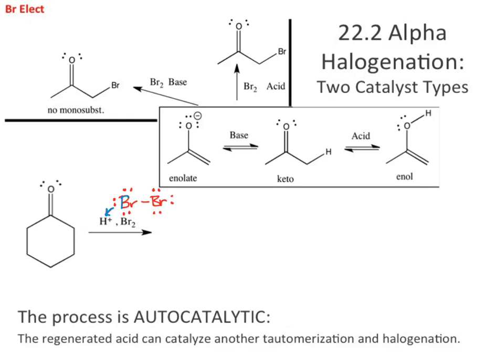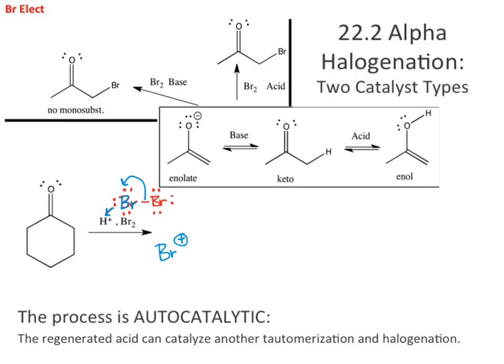Now this bromine has lost electrons, so what does it do? Panics and steals them from its brother. What's left over? Our electrophilic bromine. So our halogens can indeed act as electrophiles. They're very large, very polarizable. We're allowed to push that electron density around.